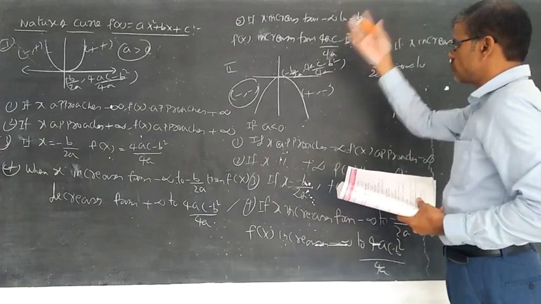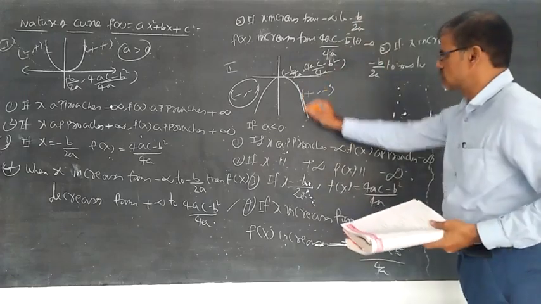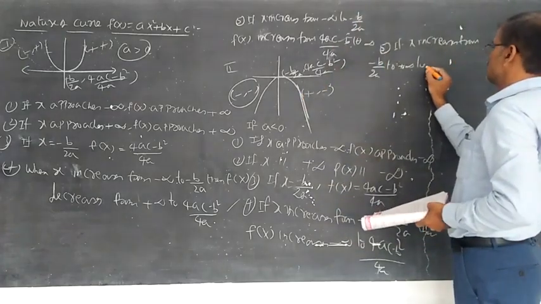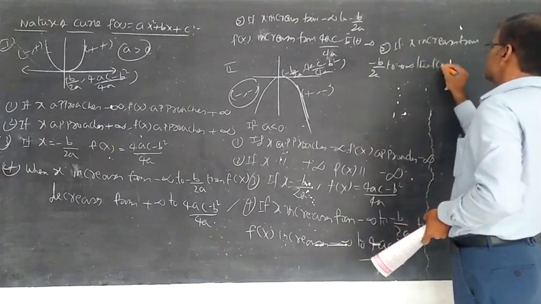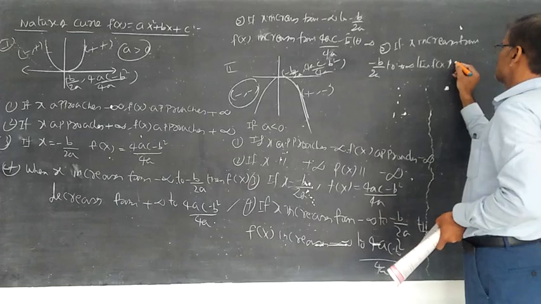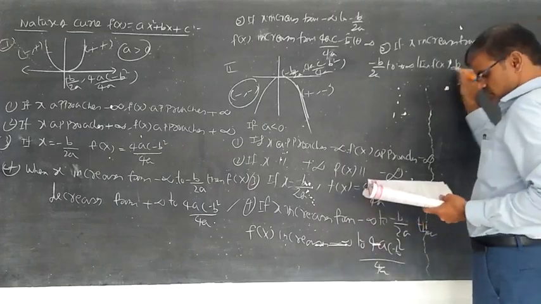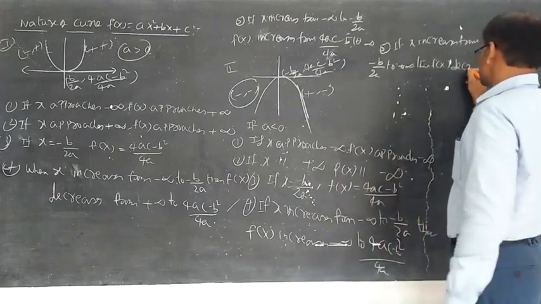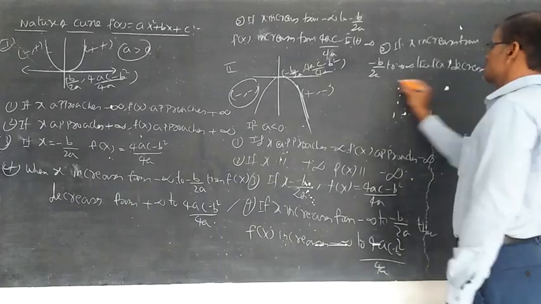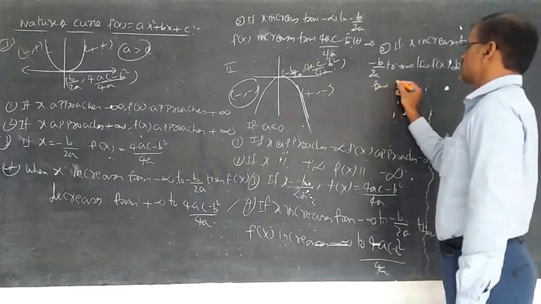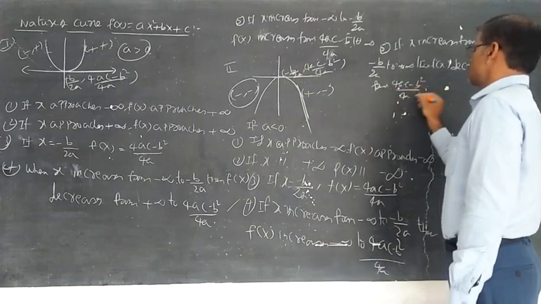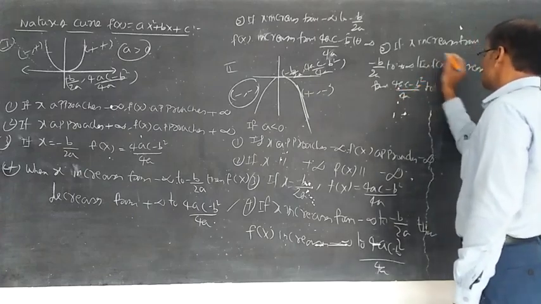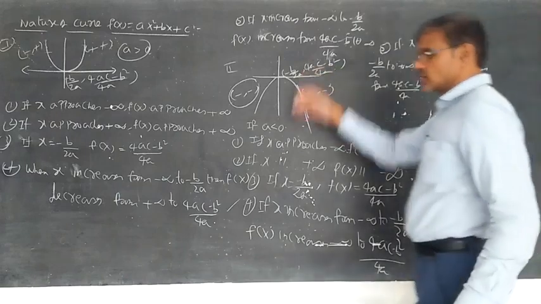Then f of x decreases from 4ac minus b square by 4a to minus infinity, students, downwards.